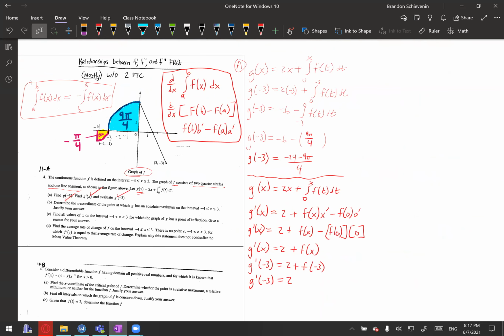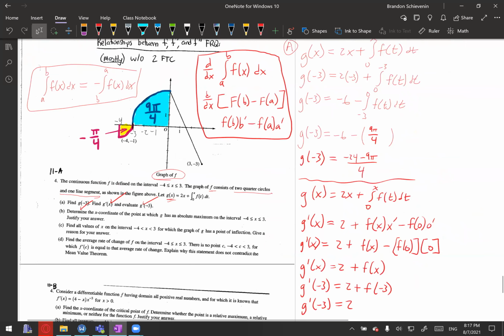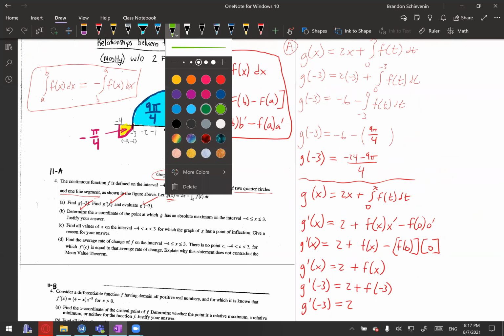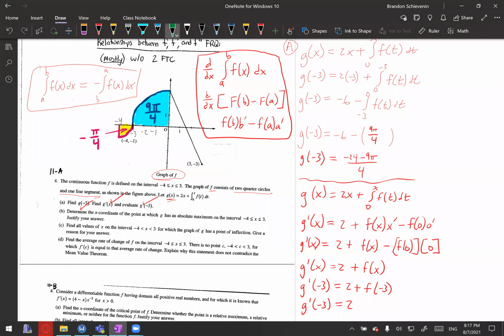Any questions on A? Okay, I'm gonna mark these really quick. Okay, these 3 parts in the boxes be your answer for A. If this was the AP exam, you would not actually need to show your work.